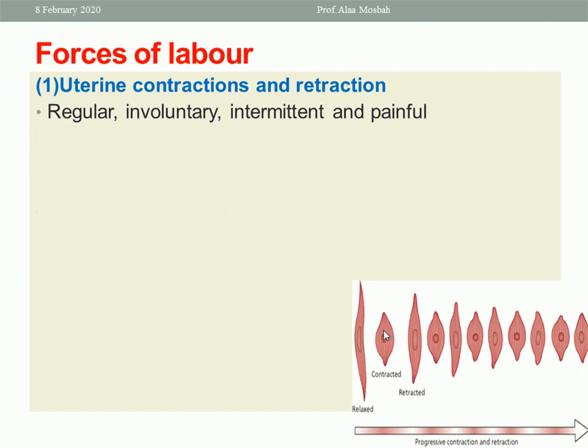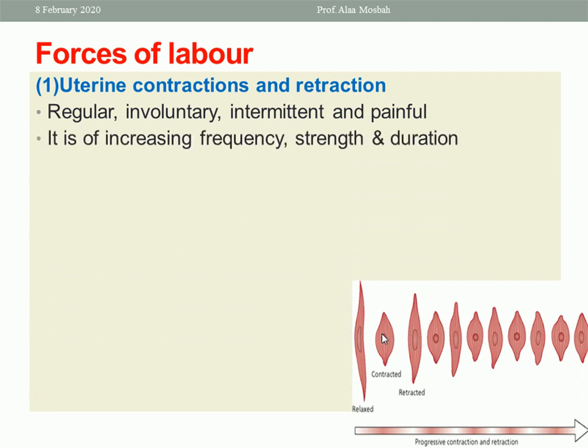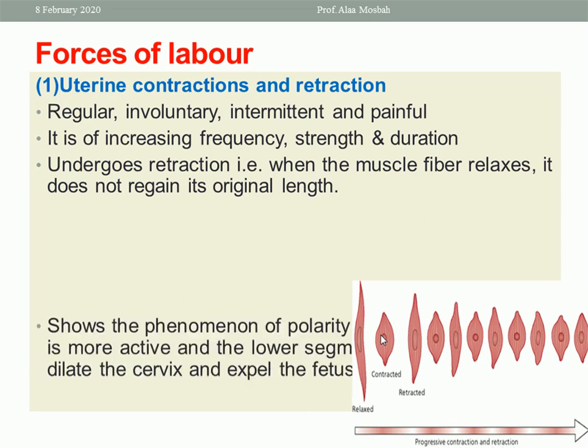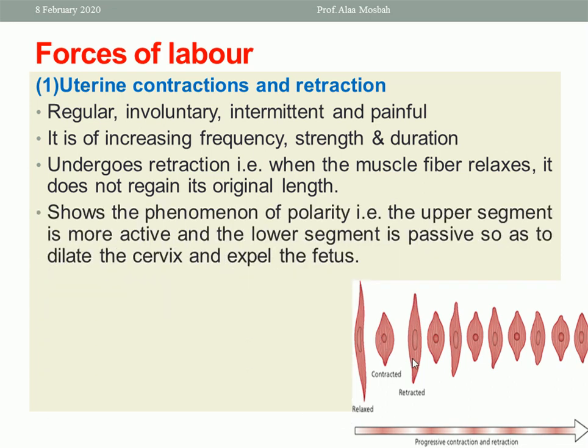So the uterine contraction is regular, involuntary, intermittent, and painful. It is of increasing frequency, strength, and duration. It undergoes retraction. When the muscle fiber relaxes, it doesn't regain its original length. It shows the phenomenon of polarity.